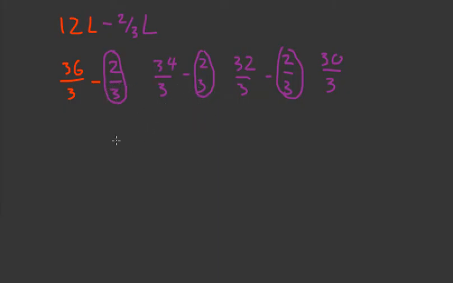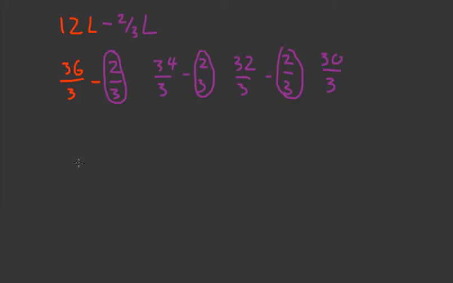We can prove that by instead of subtracting it, because what is division? In essence, it is repeated subtraction: minus 2/3, minus 2/3, minus 2/3. So instead of doing repeated subtraction, we could just divide.